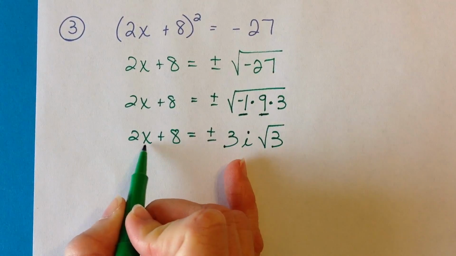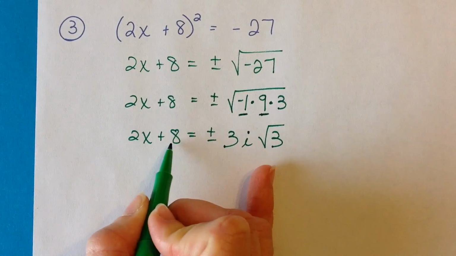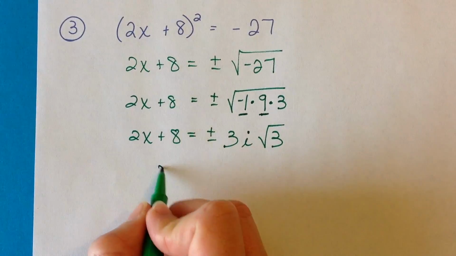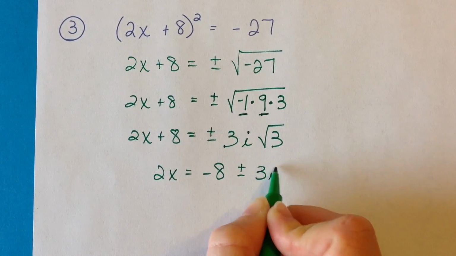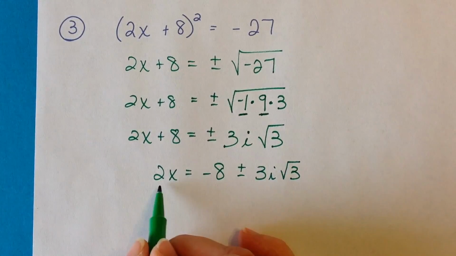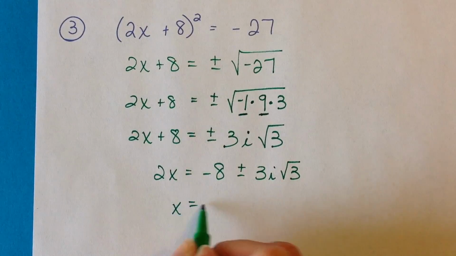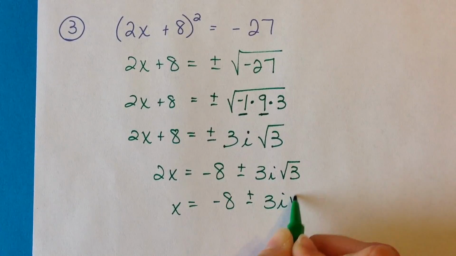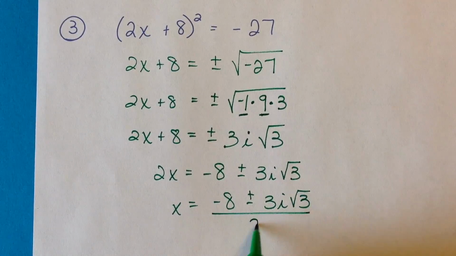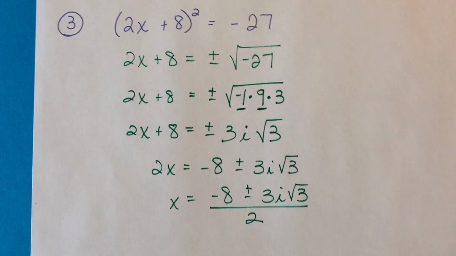Now let's just take the steps we need to get x by itself. So start by subtracting your 8. And then last, divide by 2. Okay, now some books will leave it here.